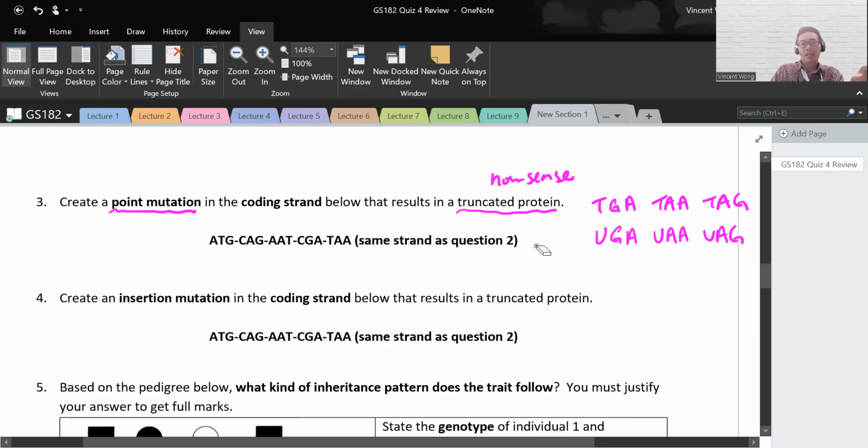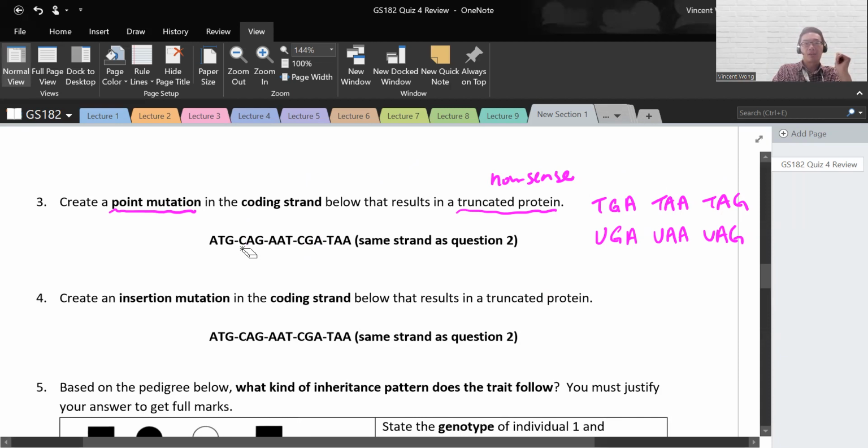All right. So all that we have to do is to look at the sequence that's given to us, and we see what letter can we change to create one of these stop codons. Okay. And we cannot do it at the end because that's like the original stop place. We have to do it beforehand.